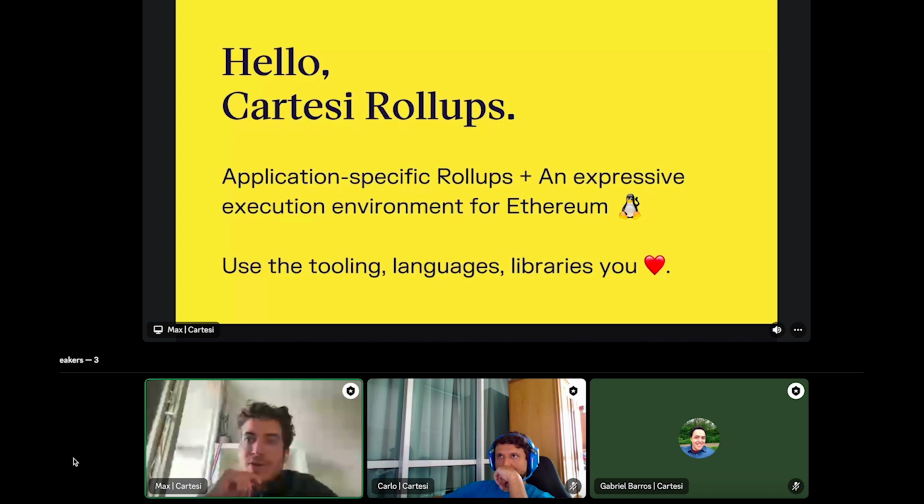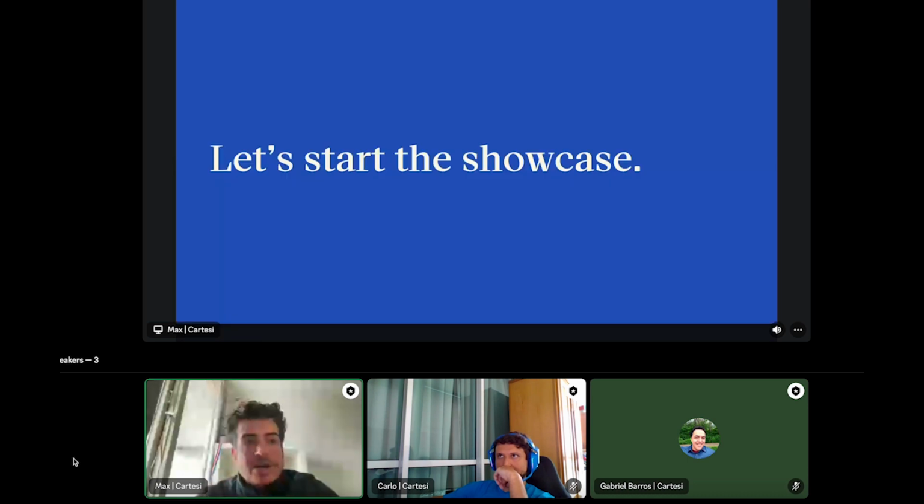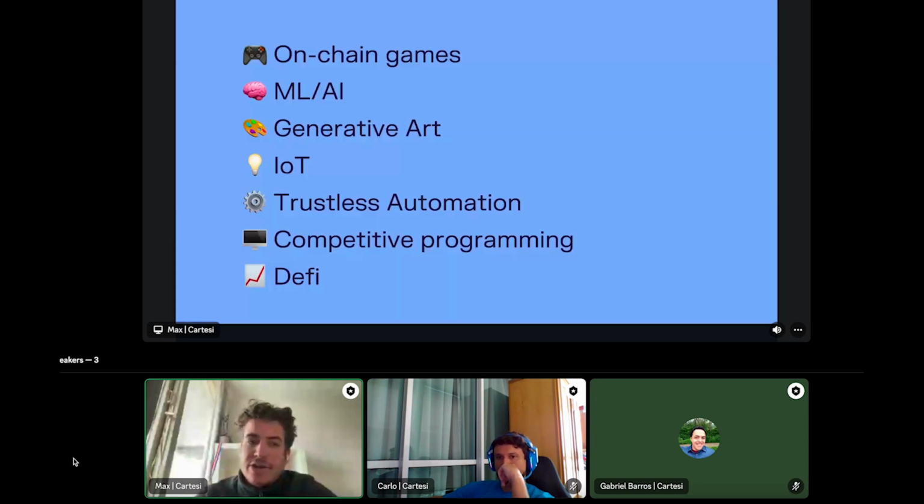So let's get into some of the showcases, some of these ideas that were built early on, these proofs of concept, and some of these applications that are in alpha stage that are being developed continuously at the moment. There are different verticals that we want to tackle.